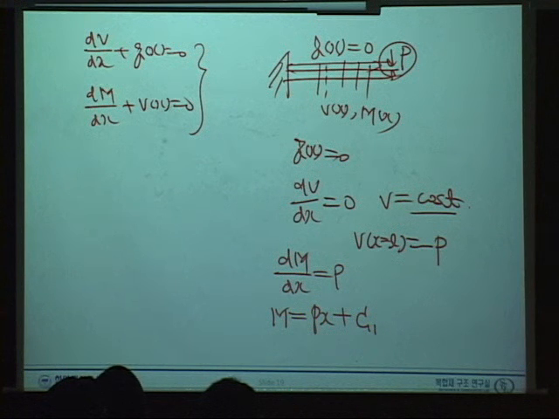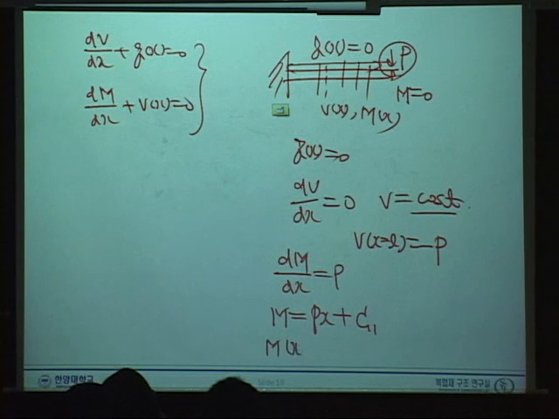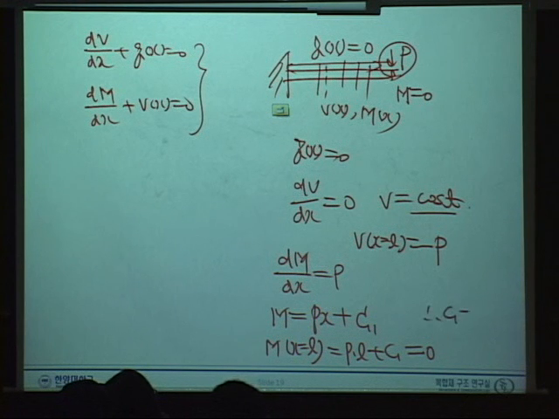How do we calculate C1? Well, how much is the moment at the end? It's simply 0, right? No external moment is applied at the right-hand side, which means that at x equals L, P times L plus C1 equals 0. So C1 equals minus PL.